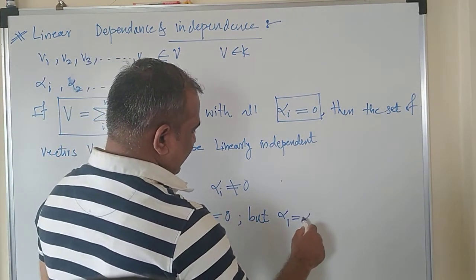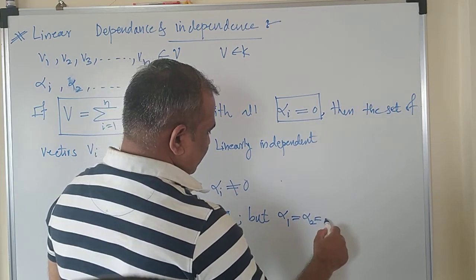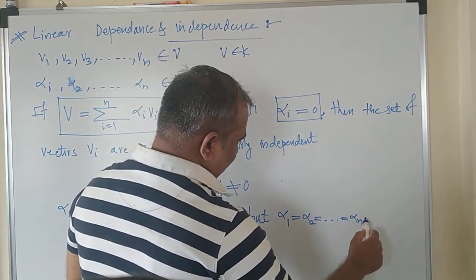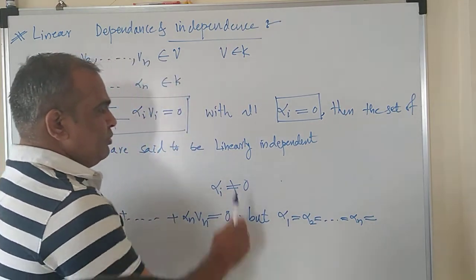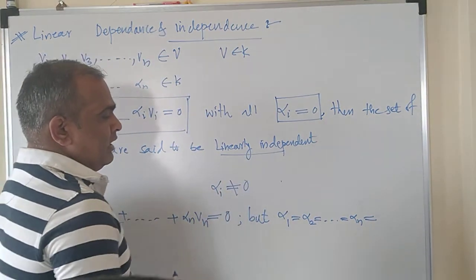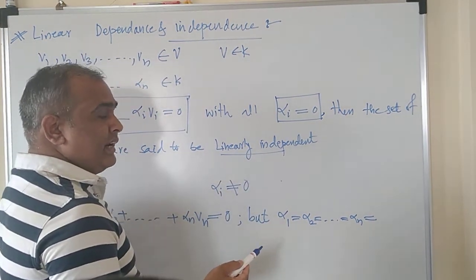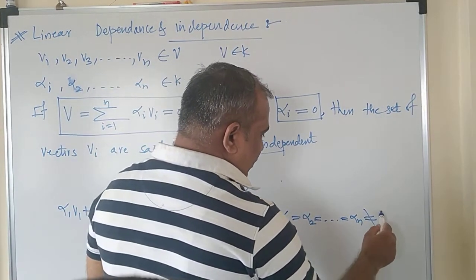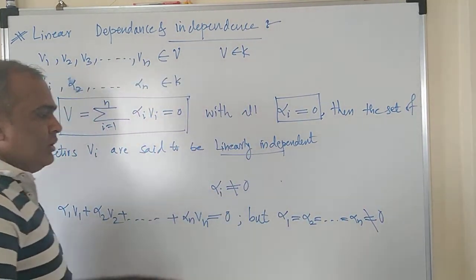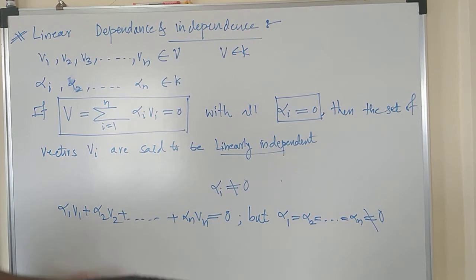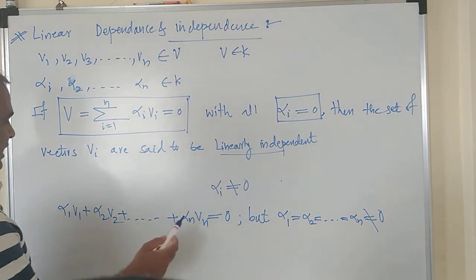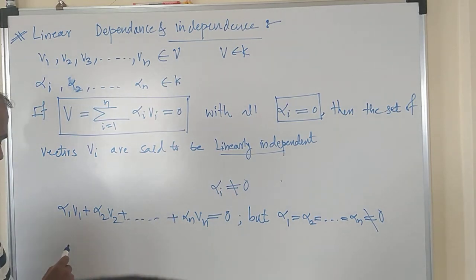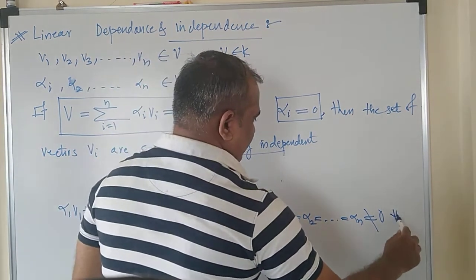Alpha 1 equals alpha 2 equals dot dot dot equals alpha n, all must be equal to 0 to be linearly independent vectors. To have linear dependence, any one of them is not equal to 0.